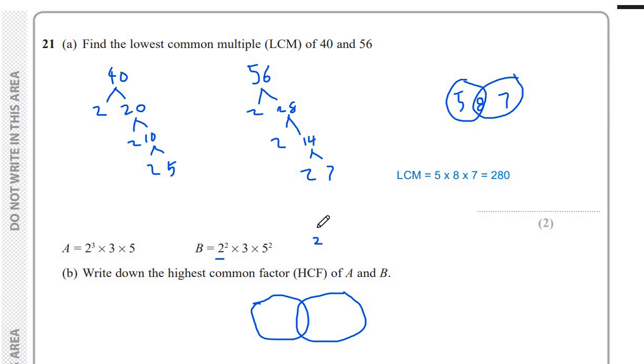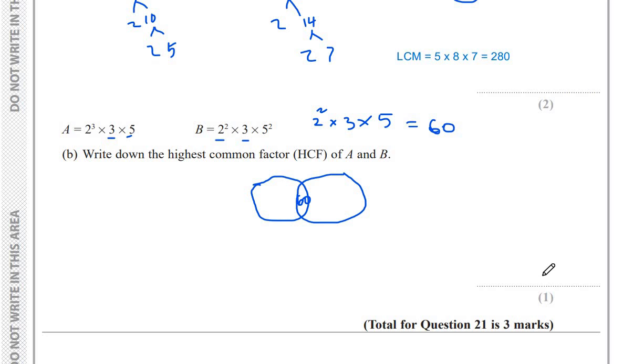All right, so 2 squared is common to both A and B. 3 is common, and you can have 1 5, and then if you multiply all of that, you get 60, and 60 goes here in the middle, so that is the HCF, 60.